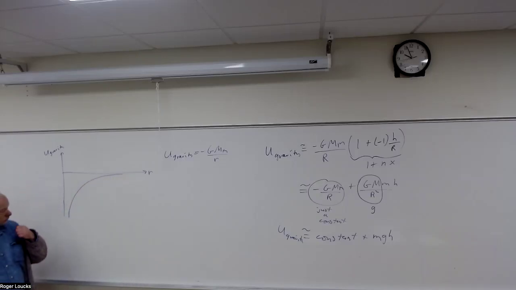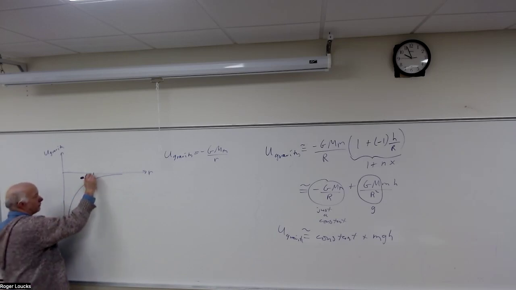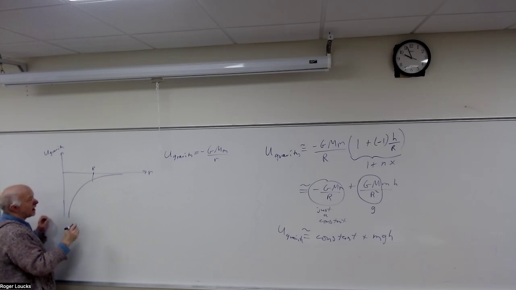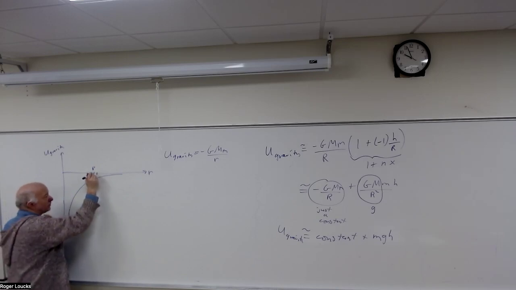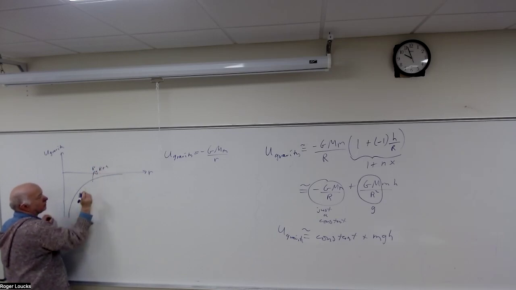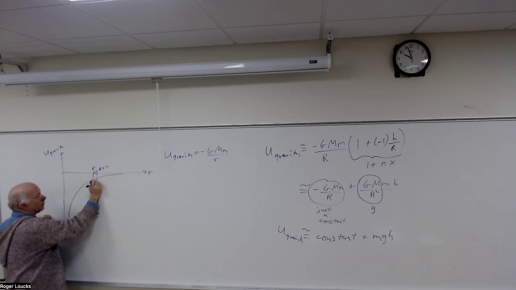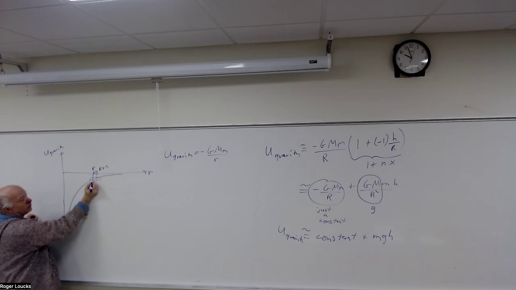Okay, now let's say here's the radius of the Earth right here. This is R. And let's say this is my distance h. This is R plus h. This distance right here, that's my buddy h. If I look right here, mathematically, what does that look like in this little region?